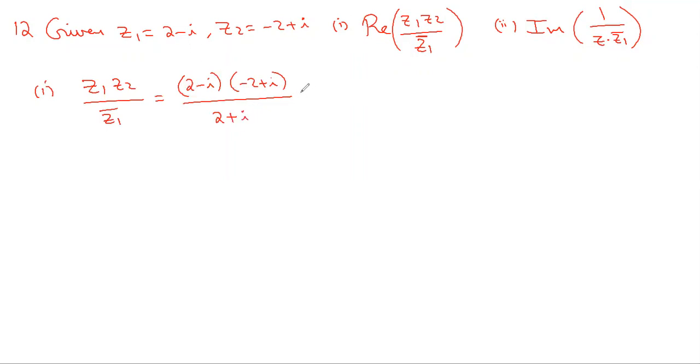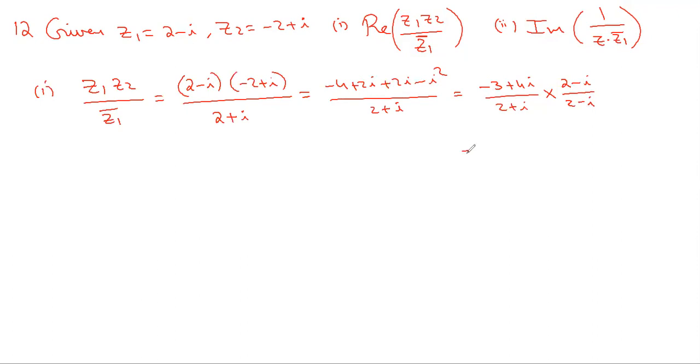Now, if you simplify the numerator: first into first, first into second, second into first, second into second. 2 into minus 2 is minus 4, plus 2i plus 2i, minus i square, by 2 plus i. I square is minus 1, so minus i square is plus 1. 1 minus 4 is minus 3, plus 4i, by 2 plus i. Now you rationalize the denominator.